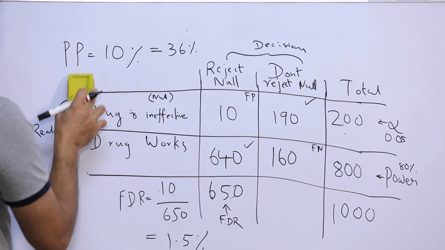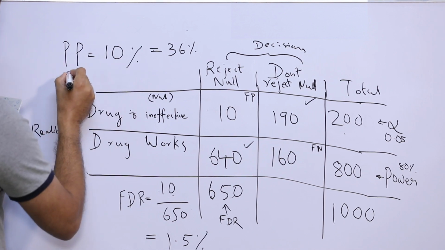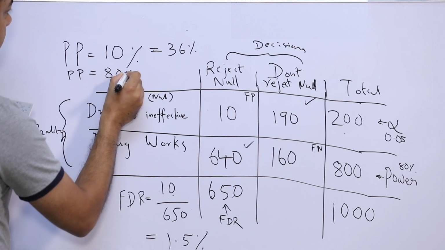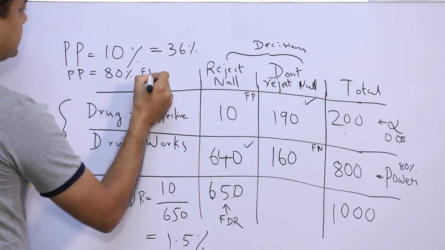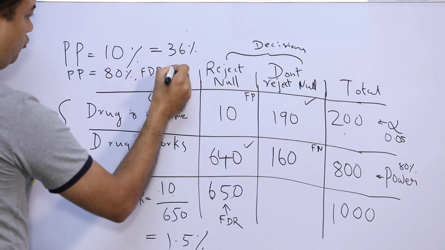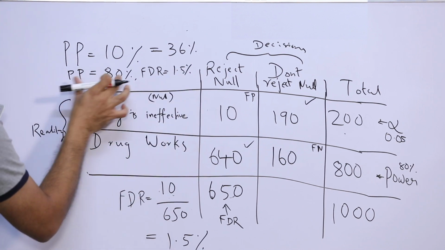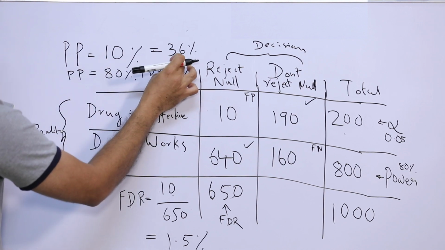This also I'll delete. If the prior probability is 80 percent, FDR is 1.5 percent. See, if the prior probability is high, FDR is very low. If the prior probability is low, FDR is quite high.